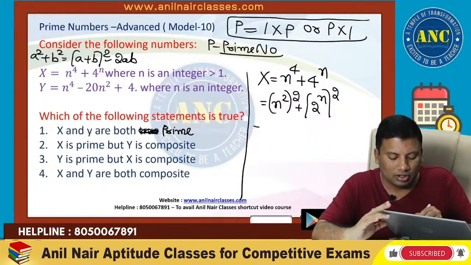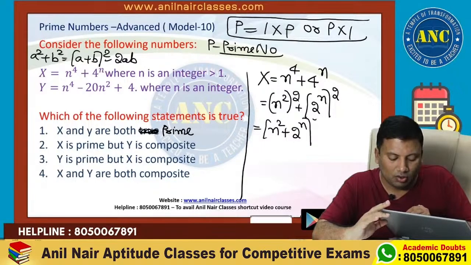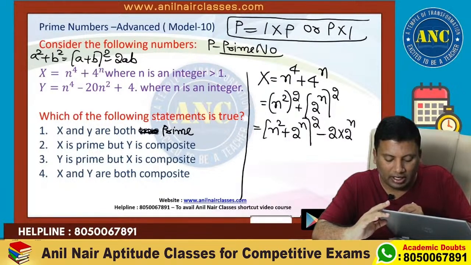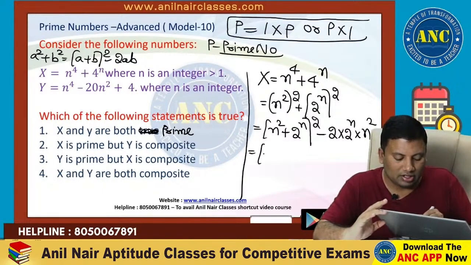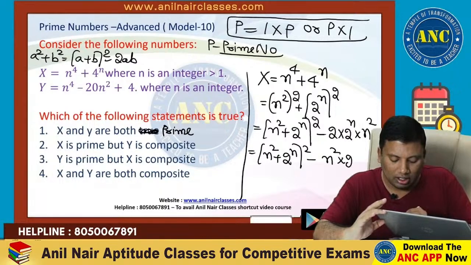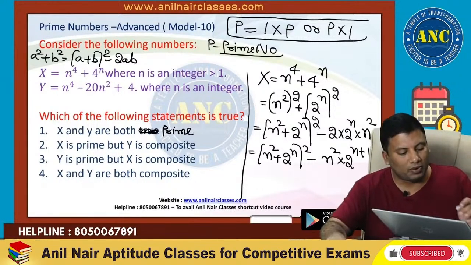So this is nothing but (n square plus 2 power n) whole square minus 2ab, 2 into 2 power n into n square. These are nothing but (n square plus 2 power n) whole square minus n square into 2 power (n plus 1).